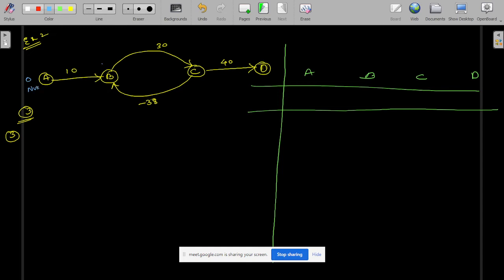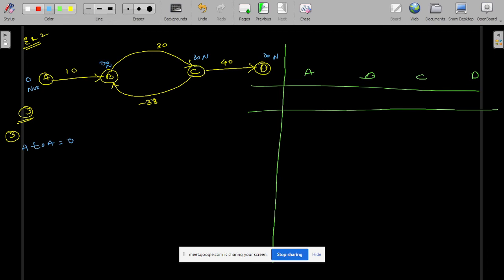Again this one infinity, null. Here also infinity, null. Again here also infinity, null. Understood? Now tell me, A to A, what is the value you are going to get? That is 0.